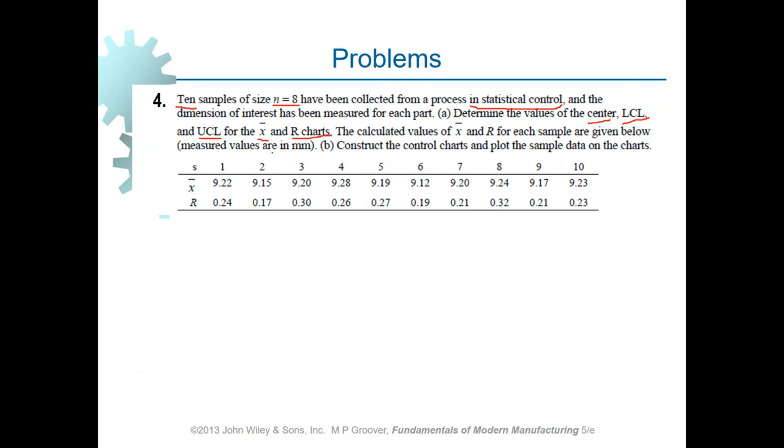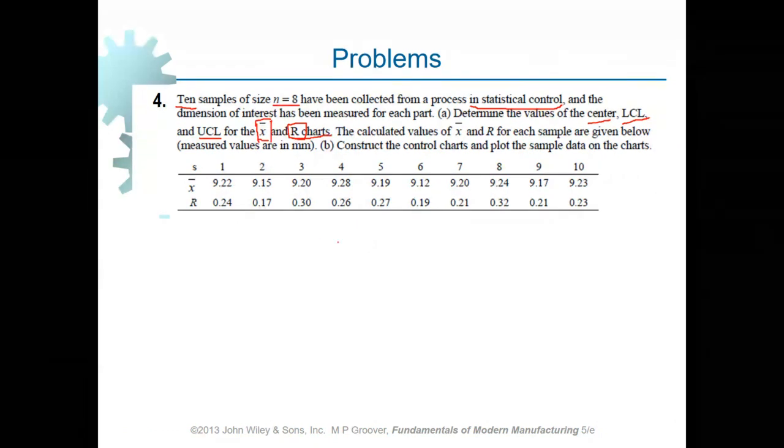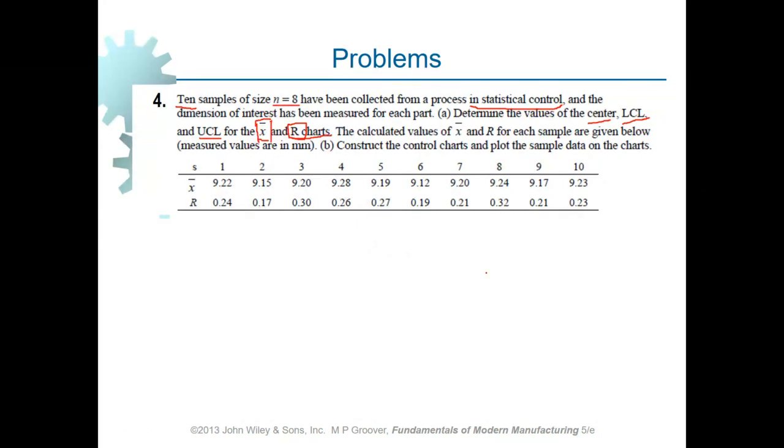Well, X bar, as explained in the lecture, represents the characteristic of interest in comparison with the nominal dimension, and R stands for range. It tells us the range of error, or how far that given sample is from the nominal dimension.